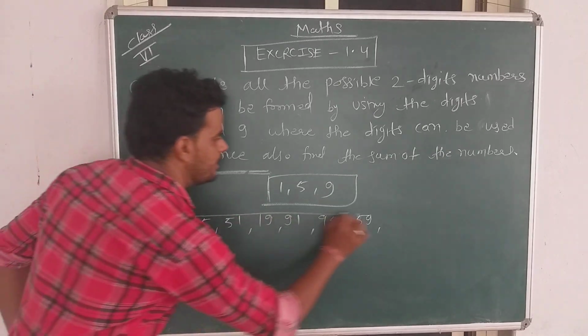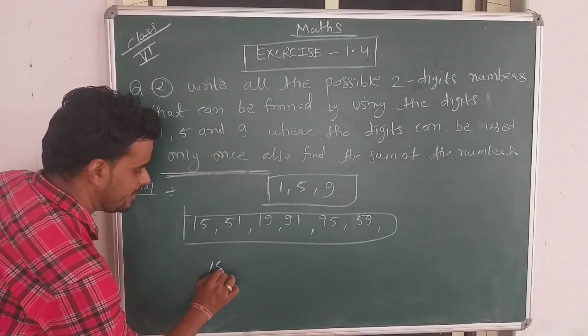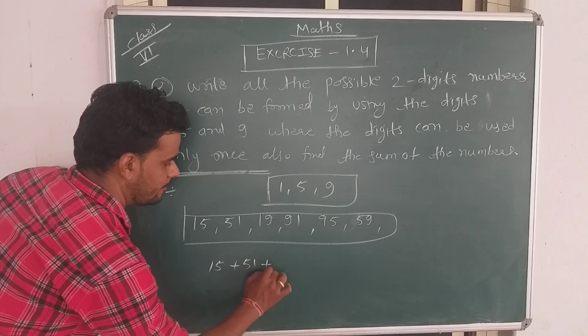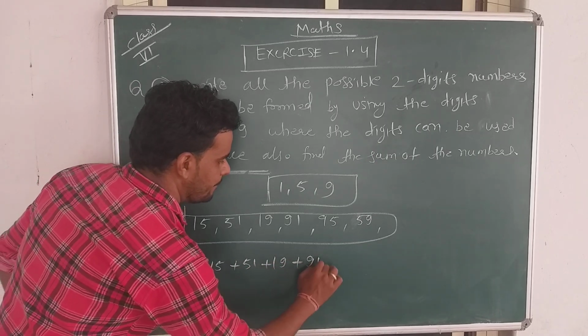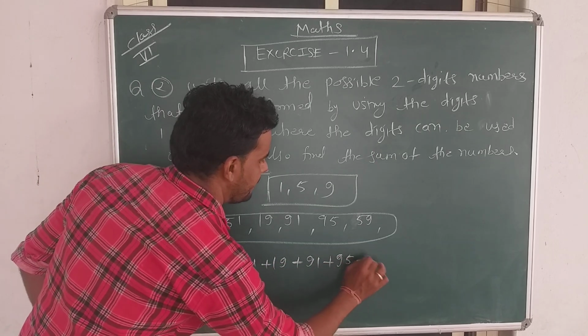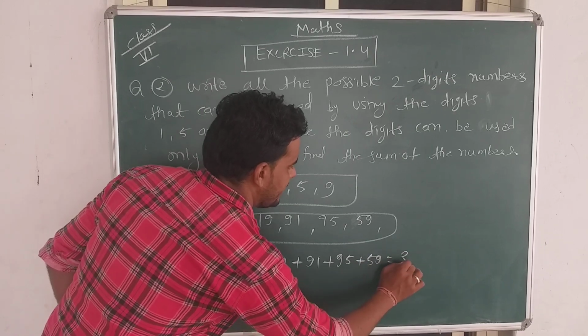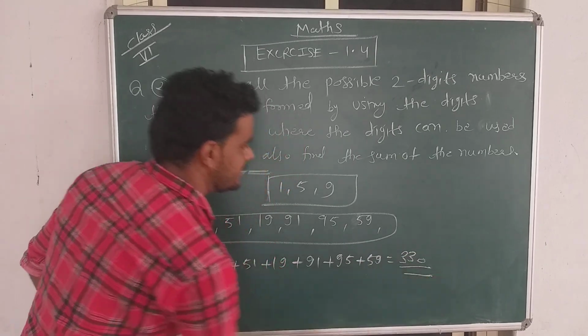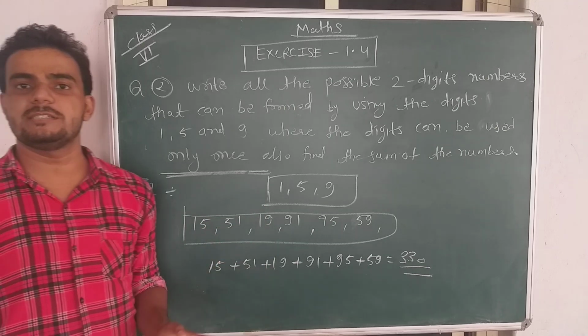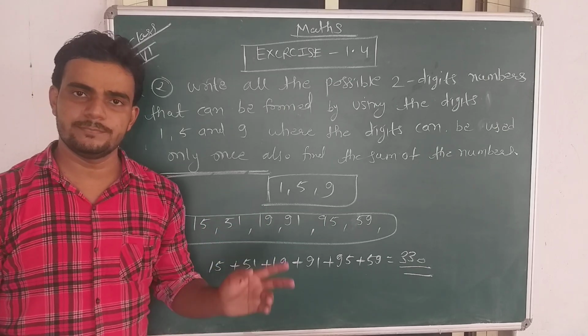Now we also have to find the sum of these numbers. So the sum of 15 plus 51 plus 19 plus 91 plus 95 plus 59 is 330. This is your final answer. Okay, I hope you all understand. Avika, any doubt?